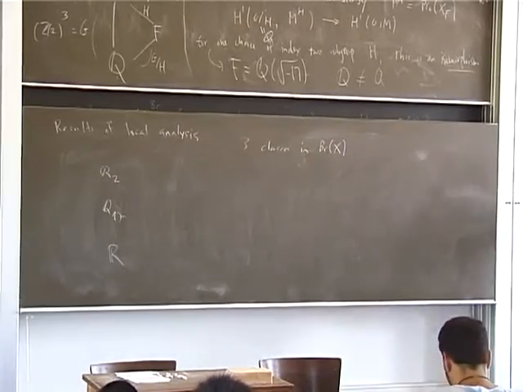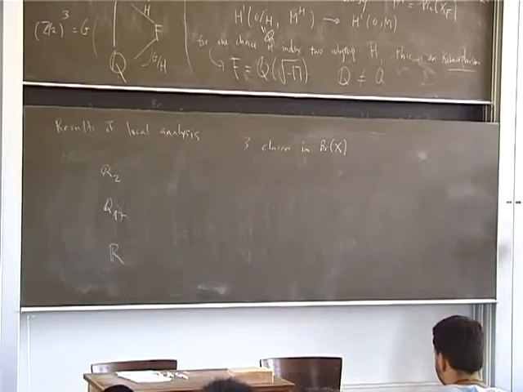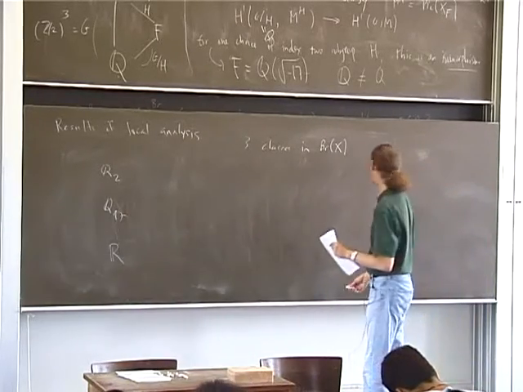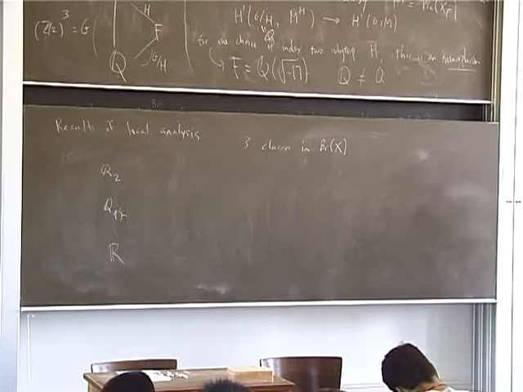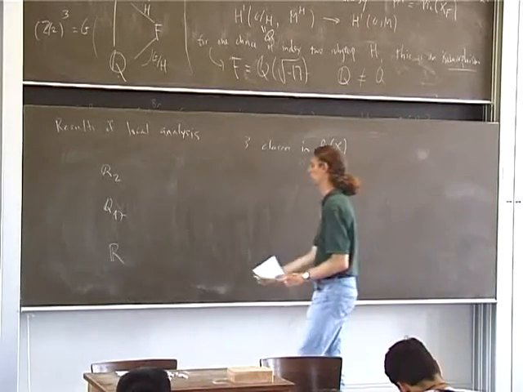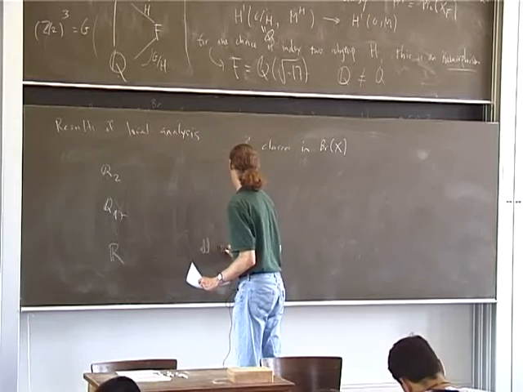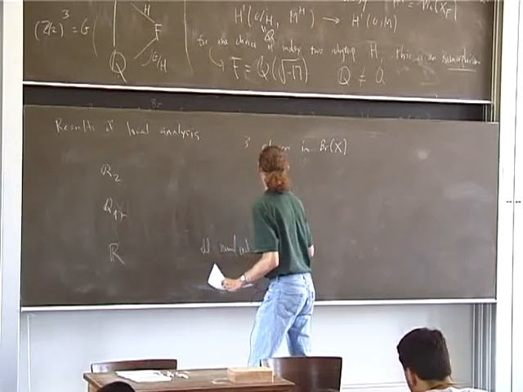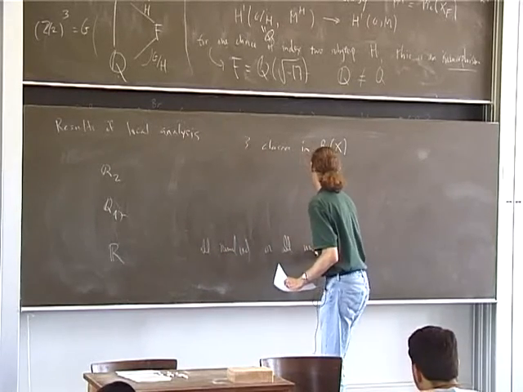This expression is always positive. Or no, it's not always positive. It depends on the sign of W. But at least it's the same, all positive or all negative. So all ramified or all unramified.